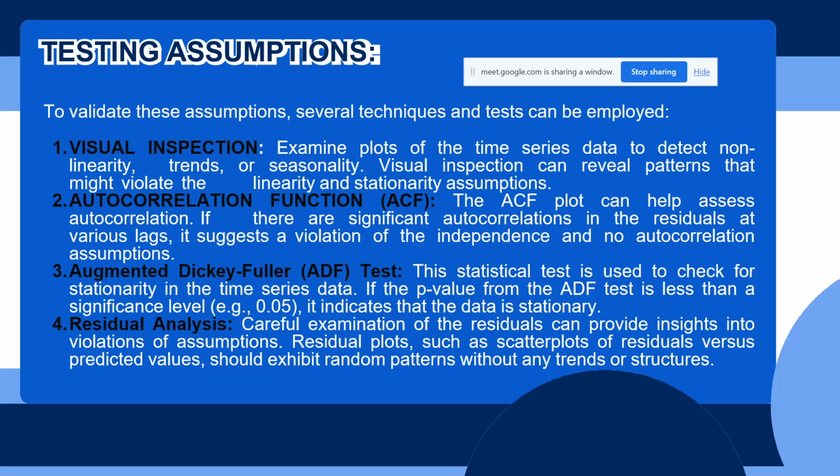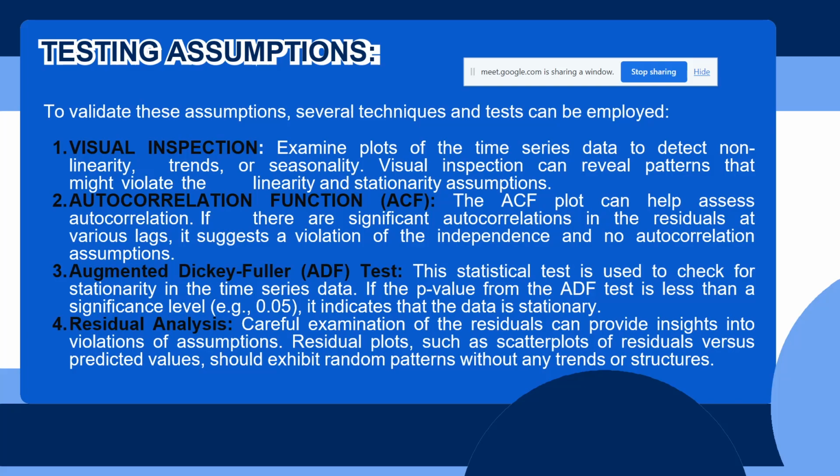When we say visual inspection, we examine plots of the time series data to detect non-linearity, trends, or seasonality. Visual inspection can also reveal patterns that might violate the linearity and stationarity assumptions. For example, you plot monthly sales over time.